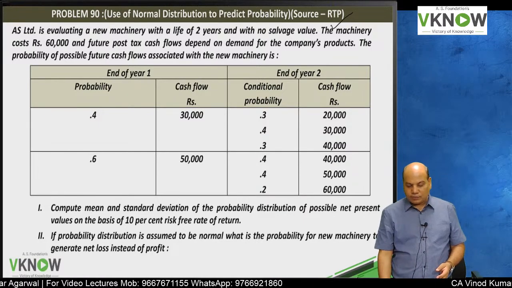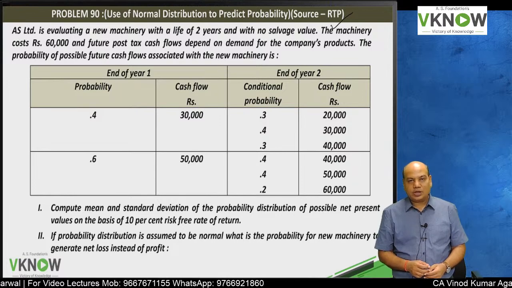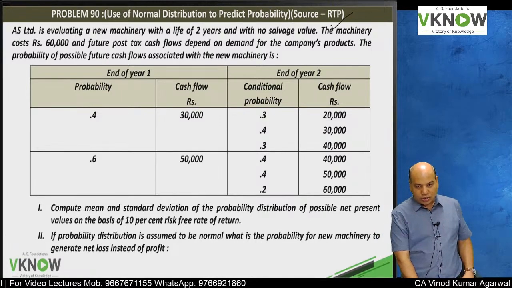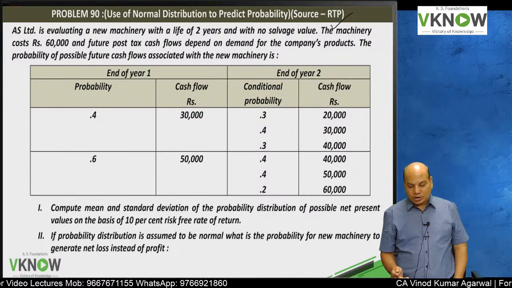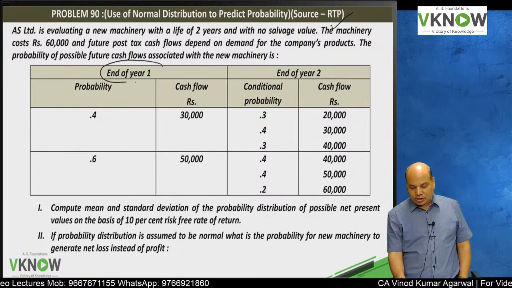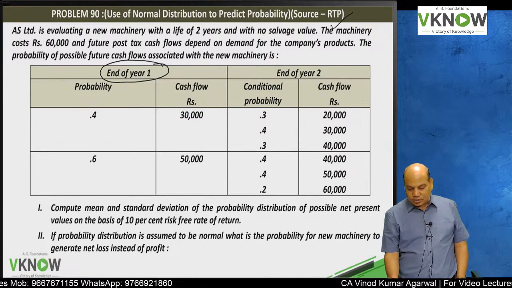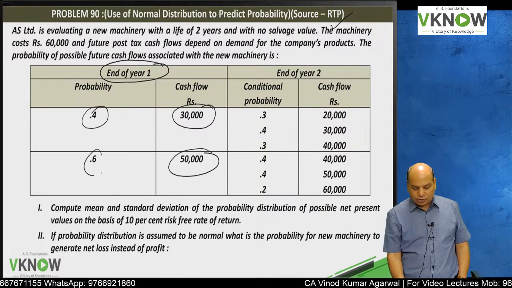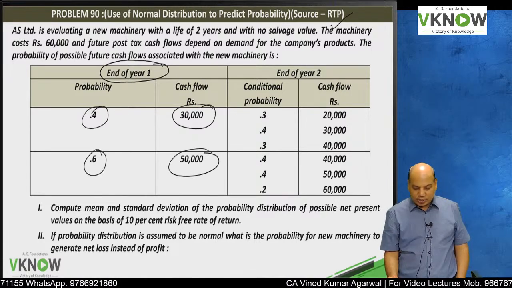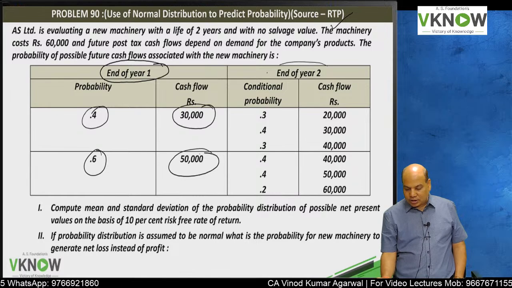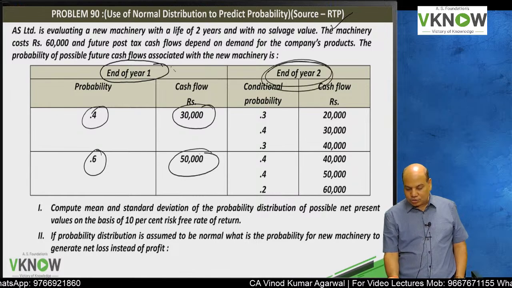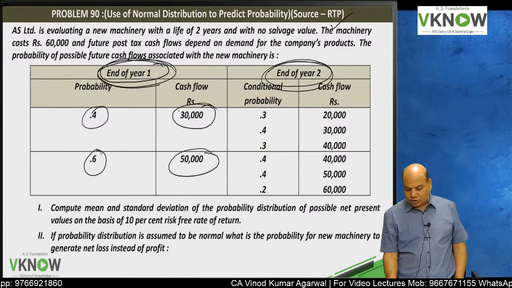The probability of future cash flow associated with the new machinery is given. A similar problem we have done earlier also in decision tree. Do you remember? First year cash flow can be 30,000 or 50,000 with 0.4 and 0.6 probability. Second year cash flow depends on first year cash flow.